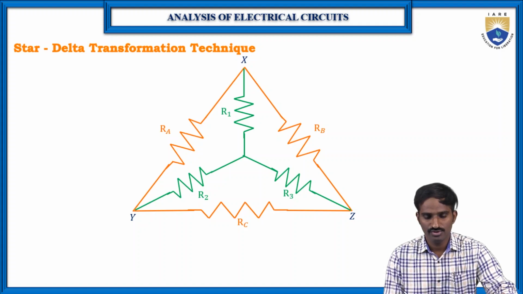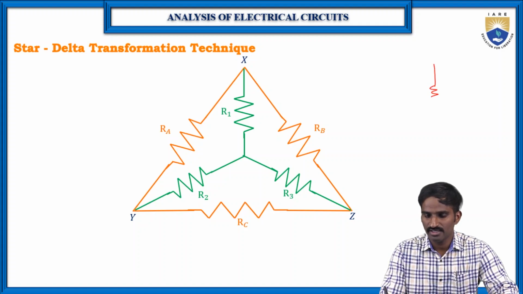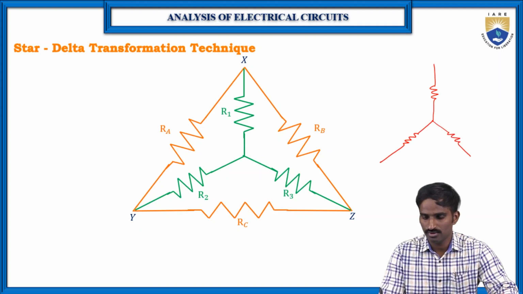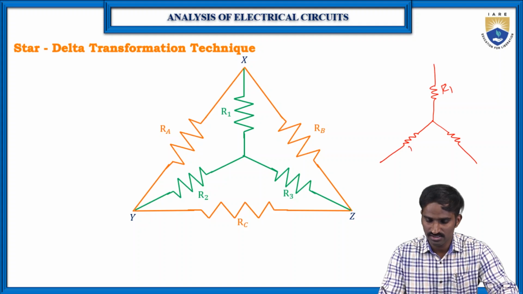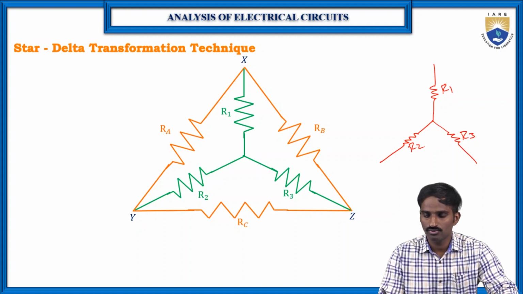So initially there is a star network in a particular circuit. Now it is difficult to identify whether these resistors are in series or parallel in any combination, because if you take R1 and R2, they have only one common node, but the common node is connected to the R3 element.